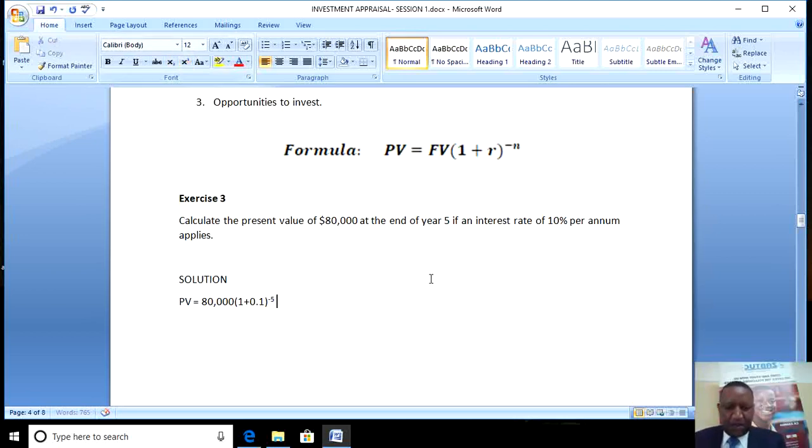So how much would that be? When we tap that in the calculator, it will be 1.1 raised to the power negative 5 multiplied by 80,000. That should give you 49,674. Right, so that's how much 80,000 is worth in now terms.